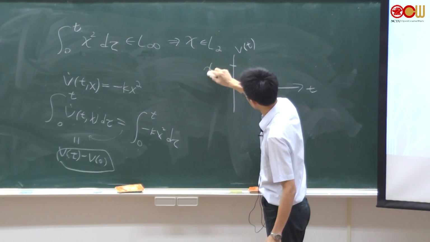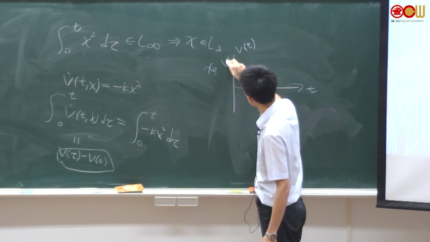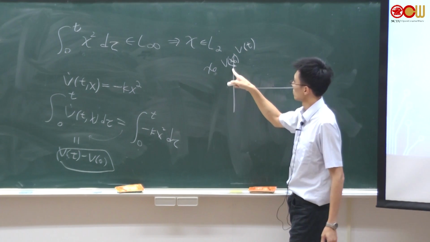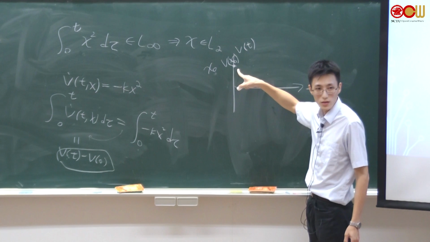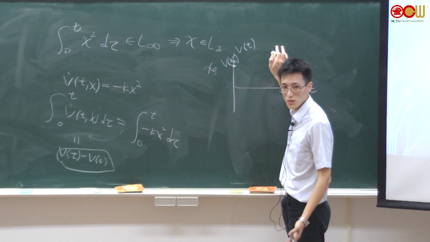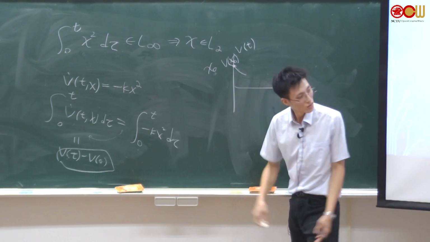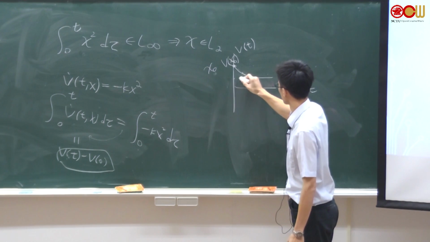So is this bounded? Given some x0, if you start from some initial condition, your V starts from some constant value, and V will decrease according to this. V has to decrease or remain constant, right? The worst case is it remains constant. So it cannot go upwards. It has to decrease, and maybe at somewhere when x equals 0, it holds constant.